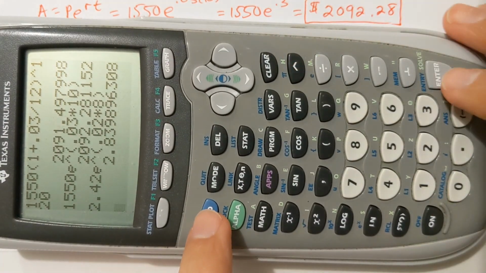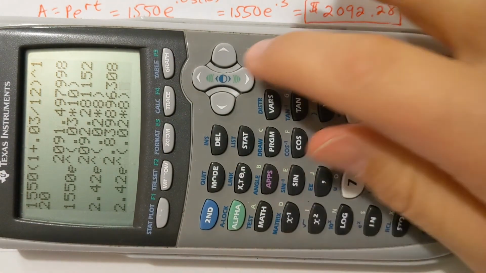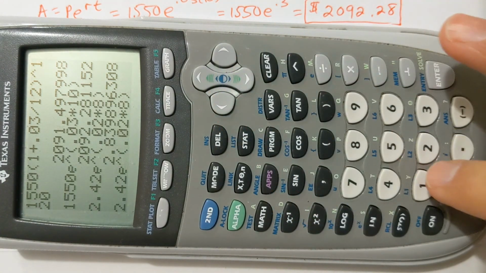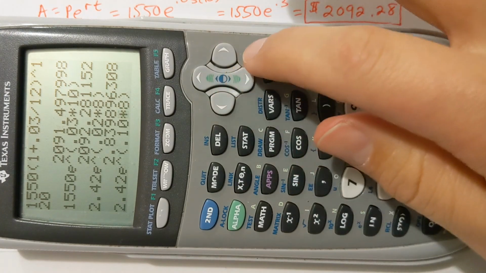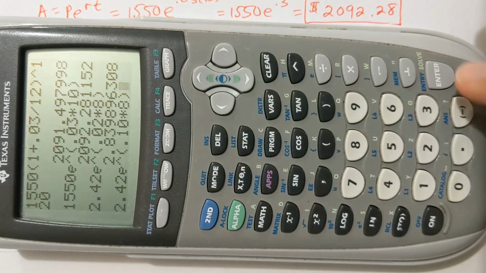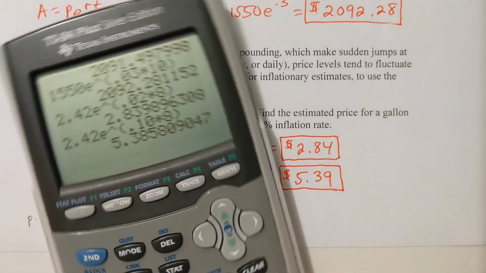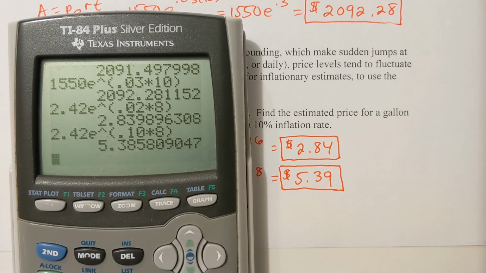So if I change this to 0.10, or 0.1, same thing, then the price for a gallon of gas is going to cost $5.39. And hopefully, it doesn't cost $5.39. That'd be quite a bit of money for 1 gallon of gas.